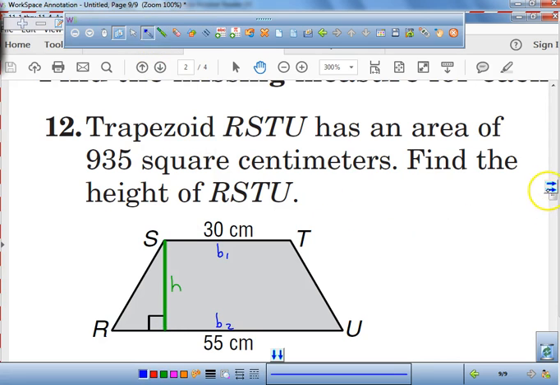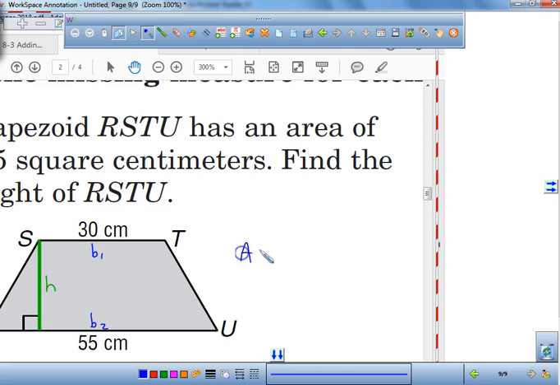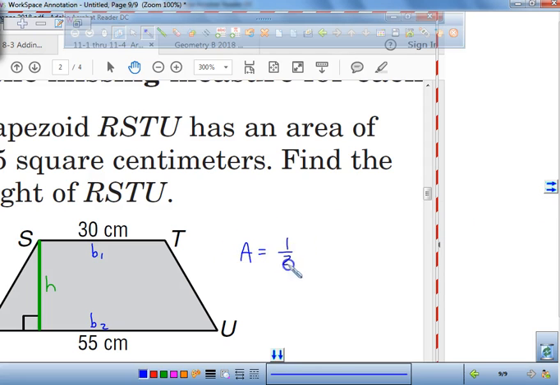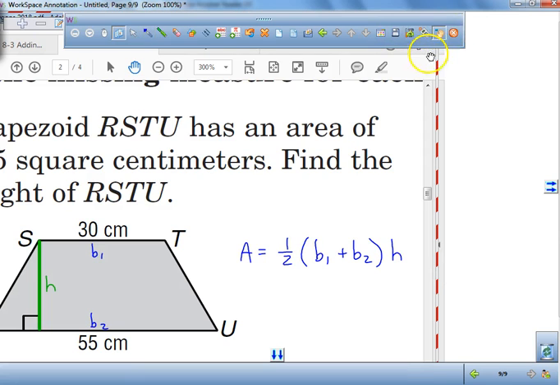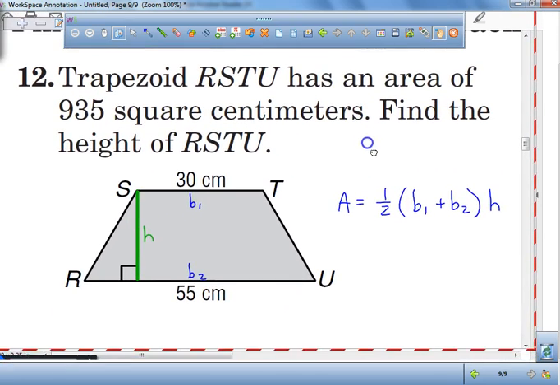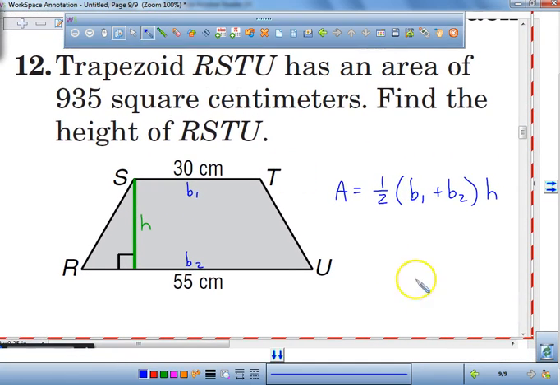So we're going to write down the formula for a trapezoid. Area equals 1/2 the sum of base 1 plus base 2 times the height. So you just write down the formula. Once you've written down the formula, then you plug in the numbers that go in the appropriate places.